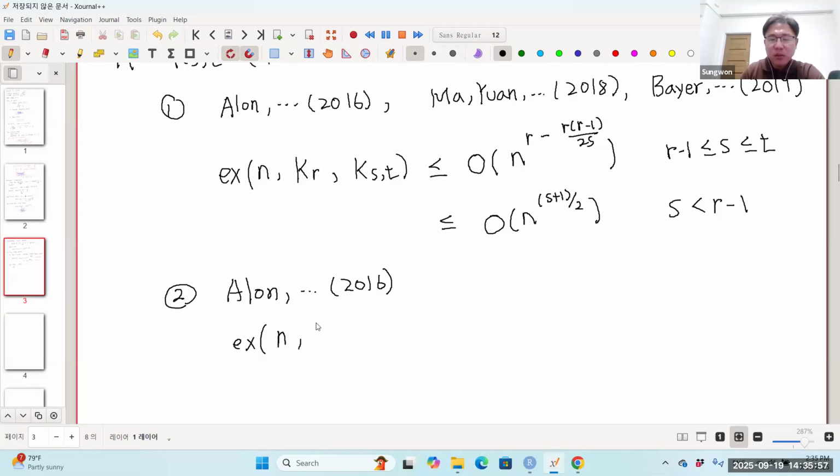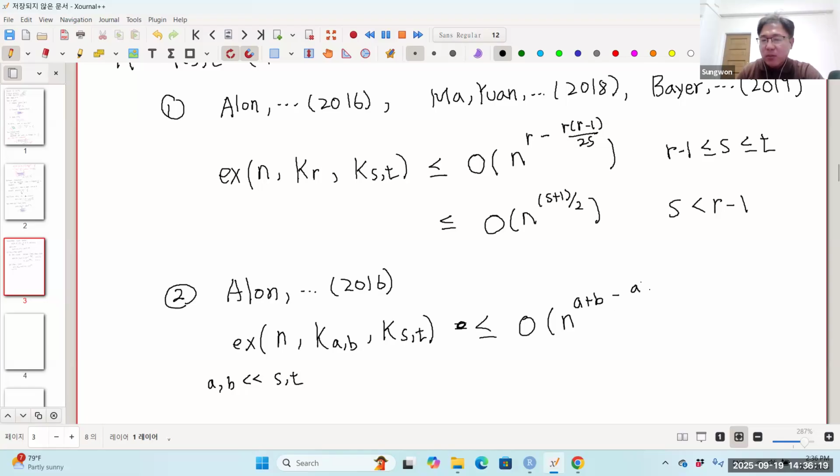So it's ex(n, K_{a,b}, K_{s,t}), where a, b are much, much smaller than s and t, and this is less than or equal to order of n to the a plus b minus ab over s.